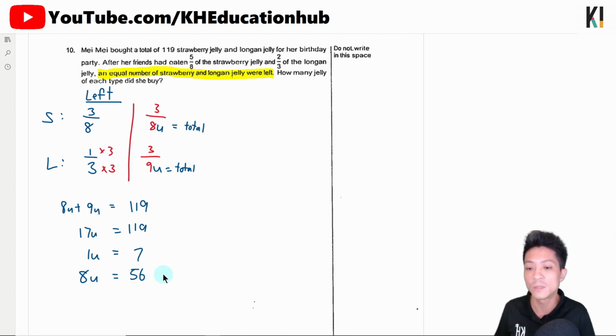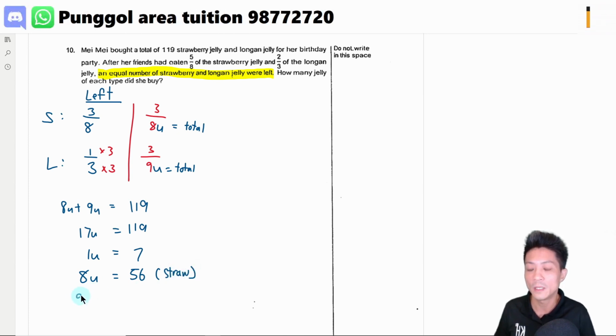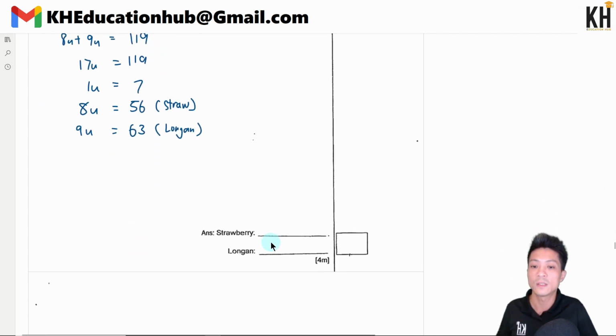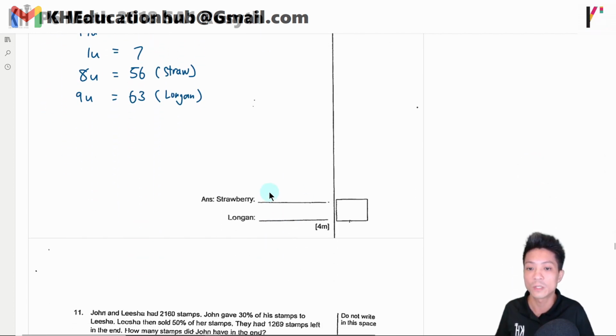This is the strawberry. And 9 units will be 63, which is the longan. Just double check: 56 plus 63 will give you back 119. So this is the answer for this question. Strawberry is 56 and longan is 63.